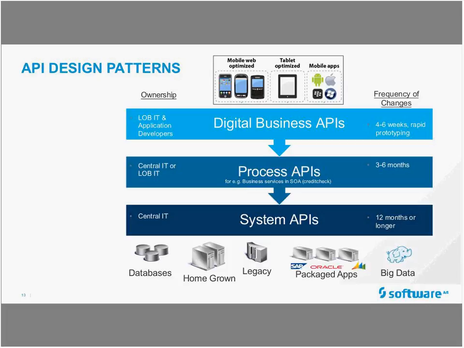First one is how do you define your API? At Software AG, for example, we tend to look at it with certain design patterns in mind. As Dave said at the beginning, we showed you a picture of what an organization might look like with lots of different applications and lots of different point-to-point connections.